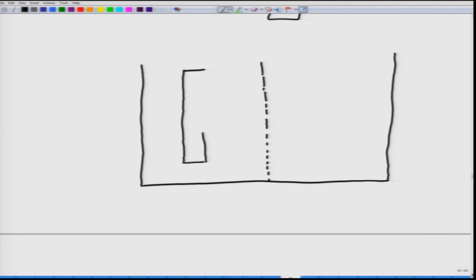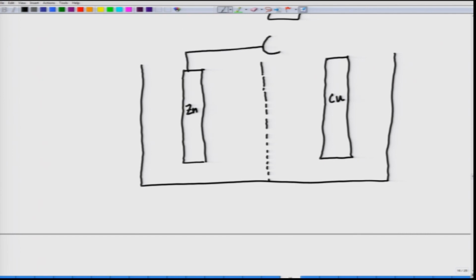You have a zinc electrode, you can keep on replacing it. Zinc electrode, you have a copper electrode. And here you have an ammeter which is connected to it.